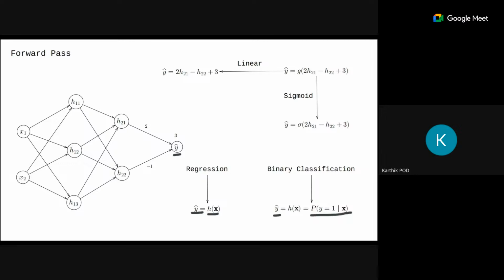Maybe I should have used some other symbol here, but it's okay. Depending on what your problem is, if you want to solve a regression problem, you will choose a linear activation function. If you want to solve a binary classification problem, you will use a sigmoid activation function.